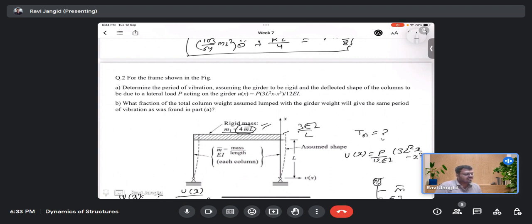For one column, the mass is m bar per unit length, so for one column it is m bar into L. For the two columns, total mass is 2 m bar L. So it is asking how much fraction of that total mass is used so that my time period comes out the same. Did you understand the question?